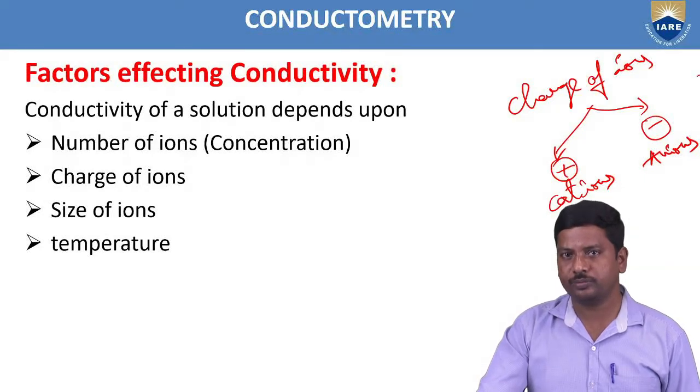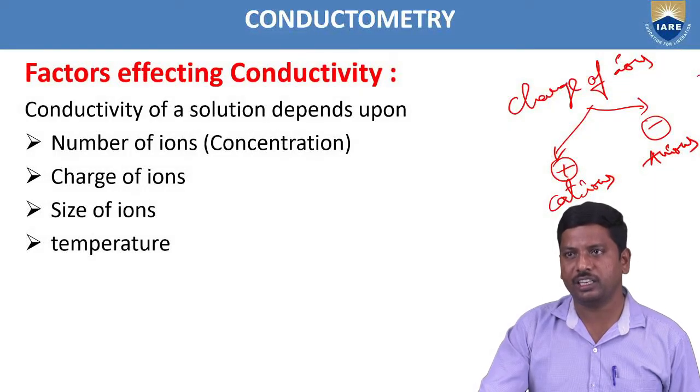That means whenever the positive charge increases, the size of the ions decreases. Whenever the negative charge increases, the size of the ions increases. Further, the size of the ions will also affect the conductivity. When the positive charge increases, the size of the ions decreases.